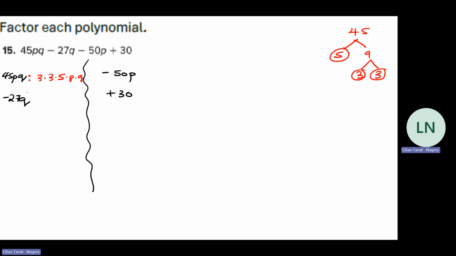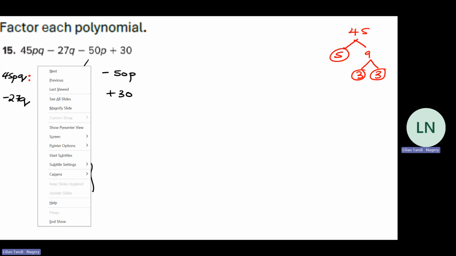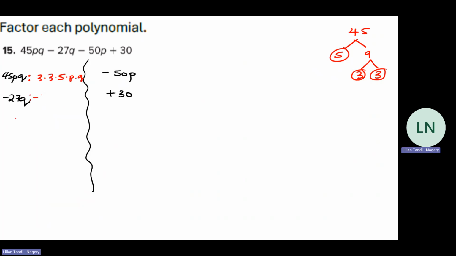Okay. So then break down 27, but because it is negative, you're going to do negative 1 first. So negative 1. Now break down 27 using your prime numbers. 2 does not go into 27, so 3 times 9. So that is 3 times 3. So you're going to write 3 times 3 times 3 times Q. Now find your common factors.